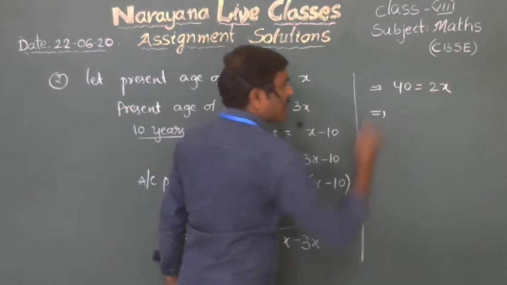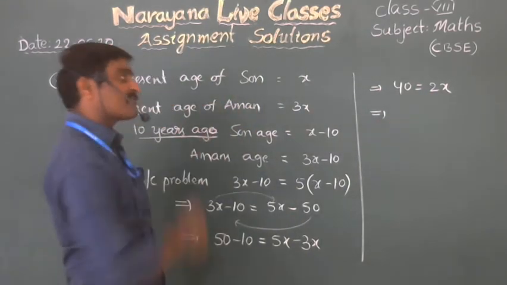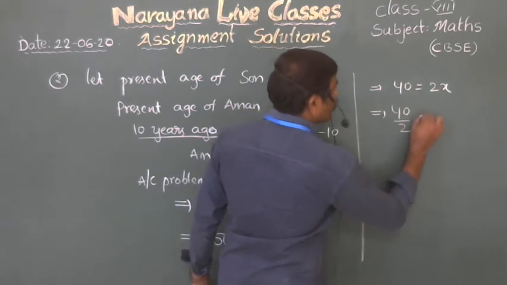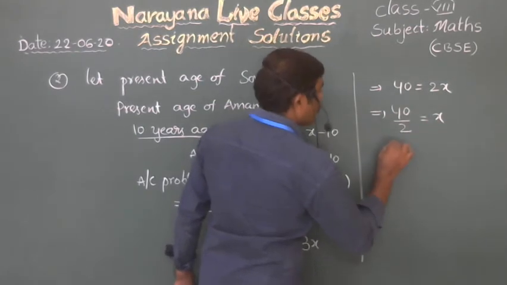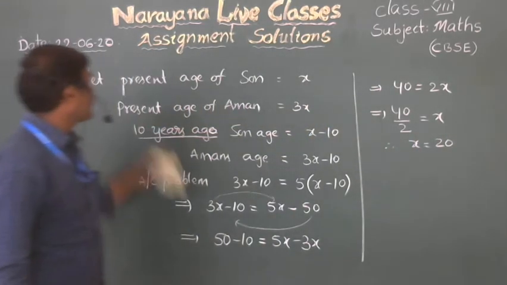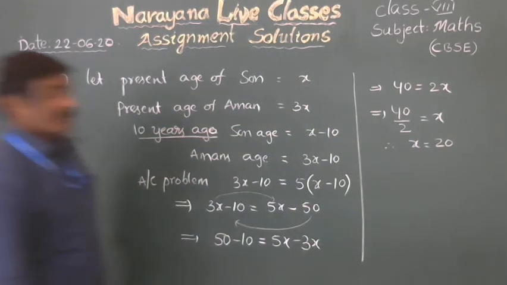Here 2 is multiplied with x; after transferring to the left side it will be divided, then 40 by 2 equals x. Therefore, x is equal to 20. So x means the present age of son.